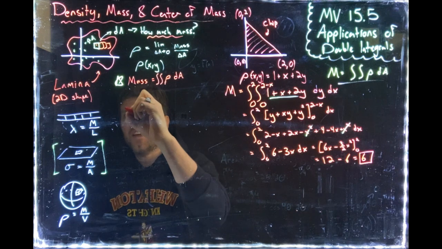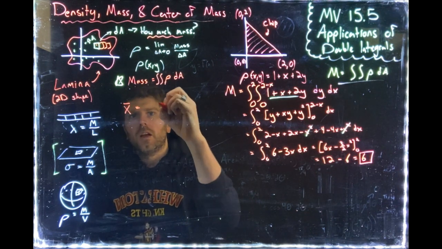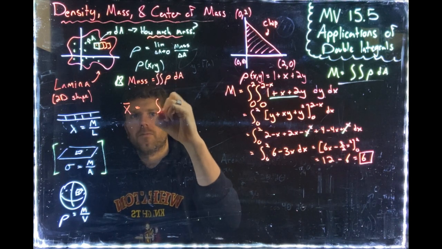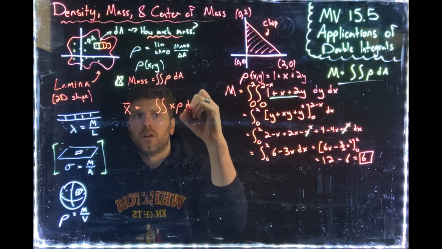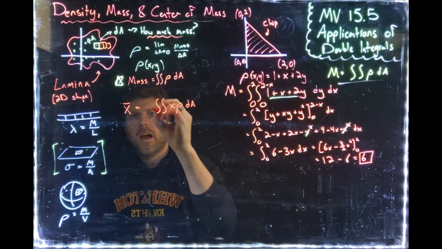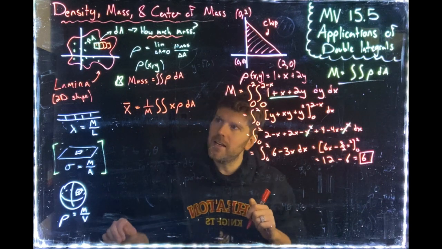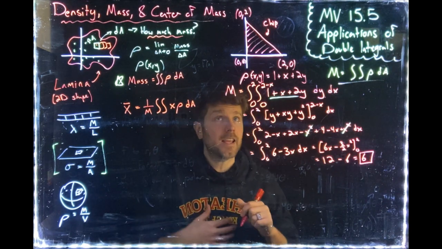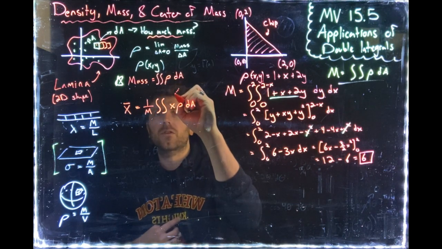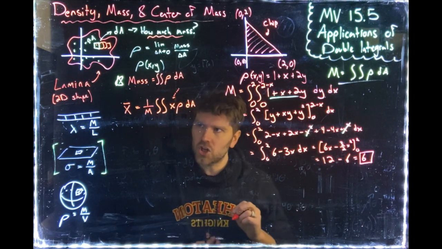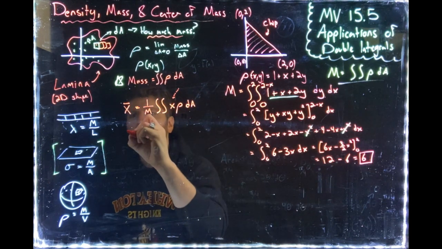But if I want to find the x-coordinate of the center of mass, I'm going to take a double integral of x times rho dA, and then divide by my total mass at the end. The idea is that I'm taking an integral over my whole shape, but I'm also asking, hey, what's the x coordinate of each little bit of mass? And in this way, it's a weighted average.